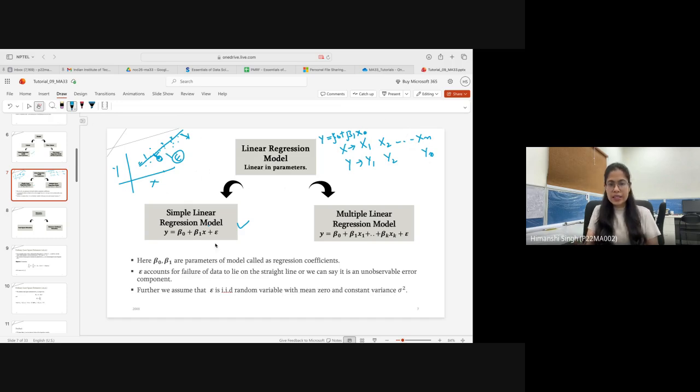Now, the motivation for the epsilon is this only. Further, we want epsilon to be an IID random variable, and also the mean of this epsilon is 0, and it has a constant variance. Further, we want to estimate this beta naught and beta 1.